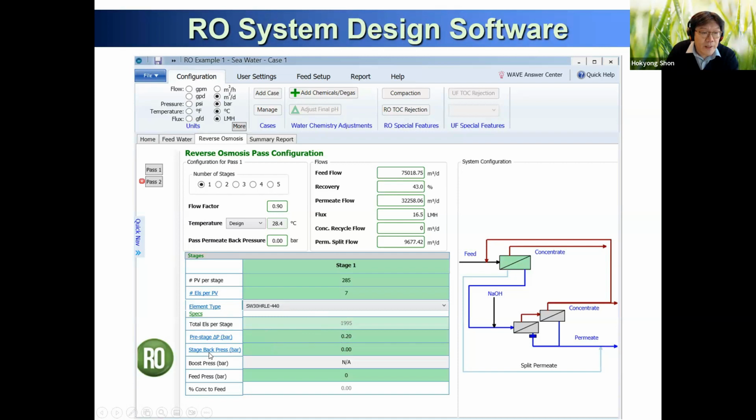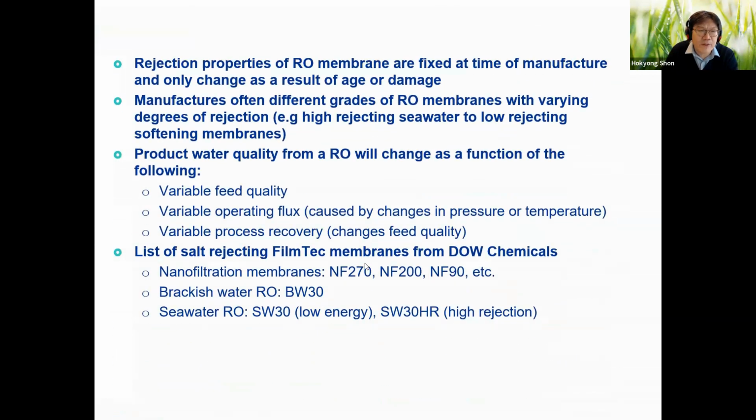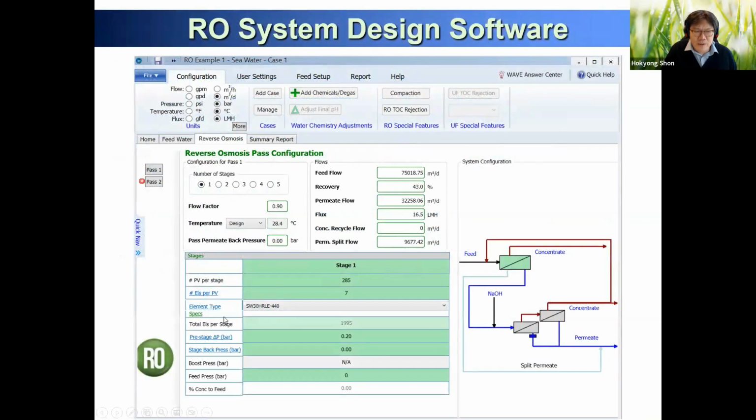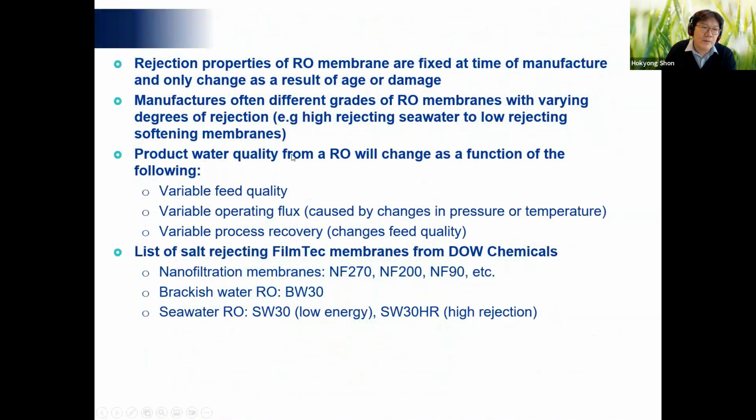You can select your membrane, for example SW30HR, high rejection, 440. You will also get the pre-stage pressure and the back pressure. This is how you calculate the system in RO, including rejection properties, and how you select your membrane. You can select based on the manufacturer, or use a very general seawater desalination membrane such as SW30HRLE-440.